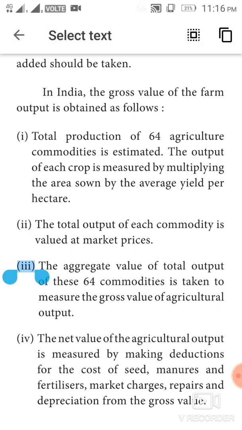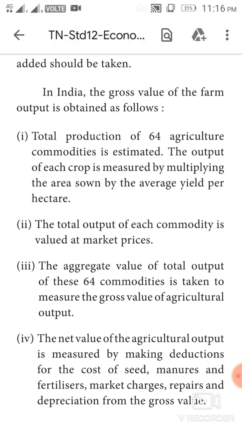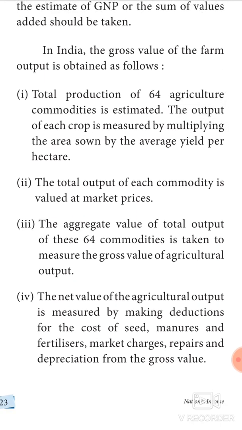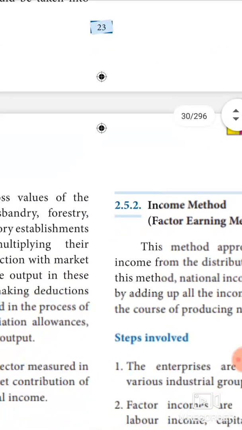The aggregate value of total output of these 64 commodities is taken to measure the gross value of agriculture output. The net value of the agricultural output is measured by making the deductions for the cost of seed, manures and fertilizers, market charges, repairs and depreciation from the gross value.